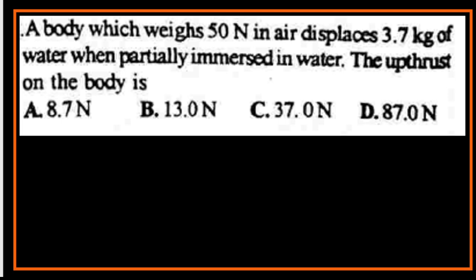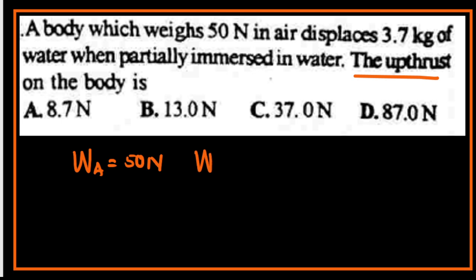We are looking for upthrust. They gave us the weight in air to be 50 newtons. So they said it displaces 3.7 kilogram of water. You are falling for the trap.